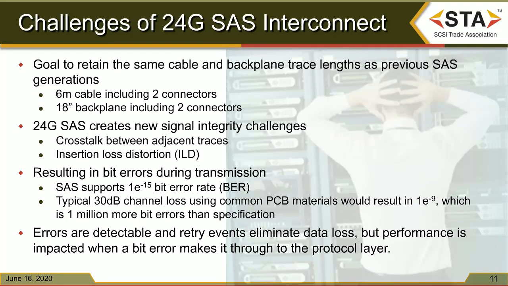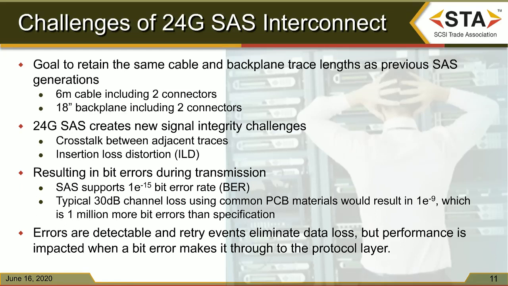So what are the challenges of going to 24 gig and doubling the line rate? It's not trivial. When we looked at moving to 24 gigabits per second, we wanted to ensure that we retain backwards compatibility with the existing ecosystem and infrastructure. So I want to make sure I can still build multiple rack systems, rack-to-rack systems.